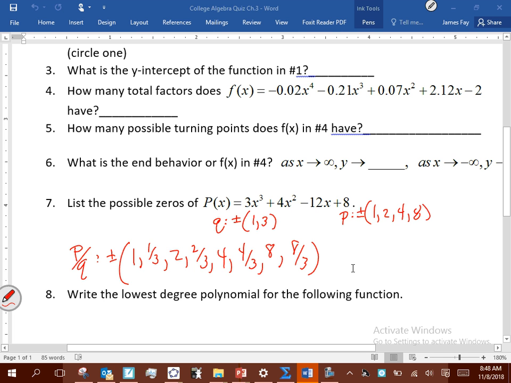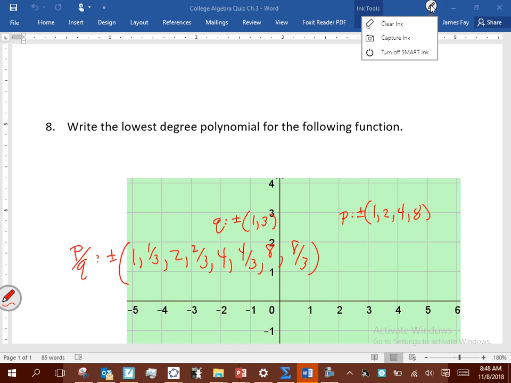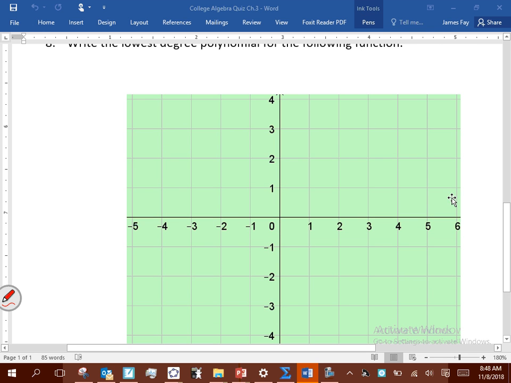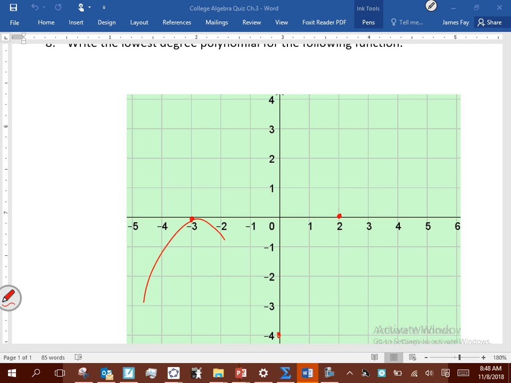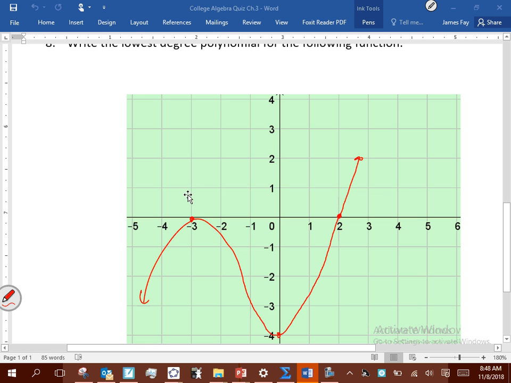All right, so the last one. Now I don't have the picture, so let's see here real quick. All right, so what does this tell me? What does this 0 tell me?